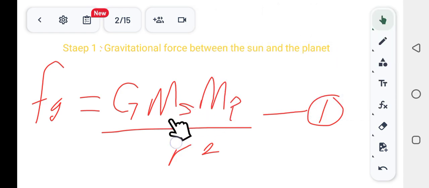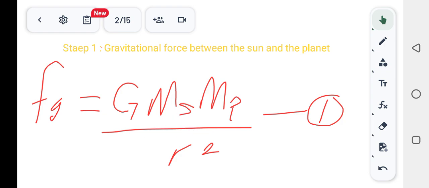It is the product of the mass of the sun, m subscript s, and the mass of the planet, all divided by the square of the distance between them. G here is the universal gravitational constant. This is our first expression.